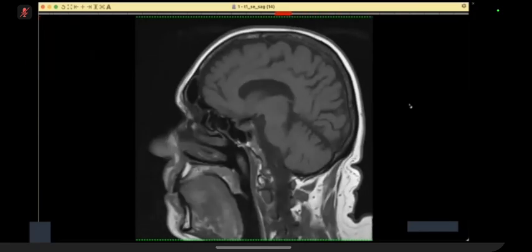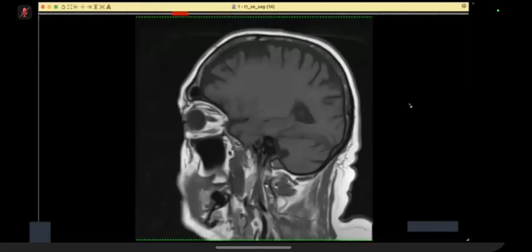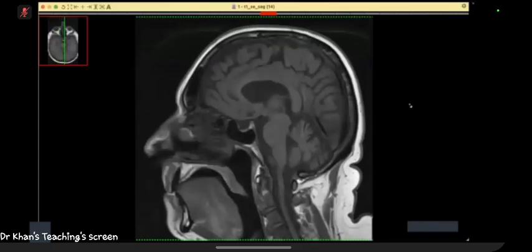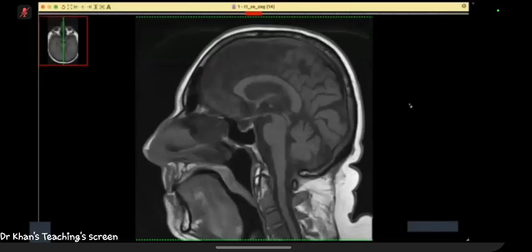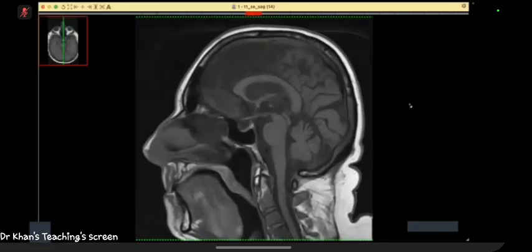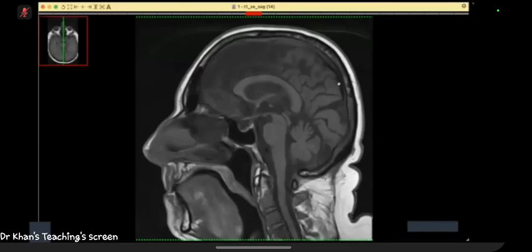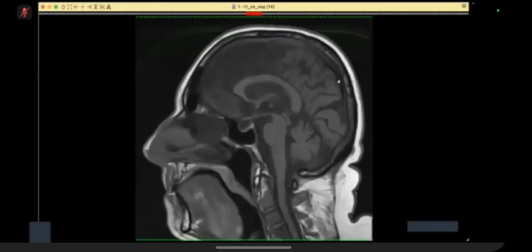And the visualized oral cavity, the base of the tongue, they all look normal. The calvarium also shows mildly altered signal intensity. So I suspect that there is some bony abnormality because the calvarium also shows diffusely altered signals.